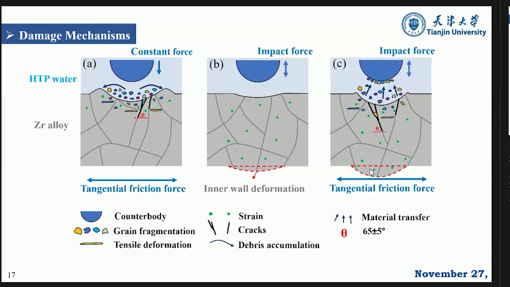With only impact, there is only the deformation and some strain change. But when we combine them together, the debris transfer will greatly affect the volume and the scar results. So we have the cracks, the deformation, the stress, the strain problem, and the mass transfer.